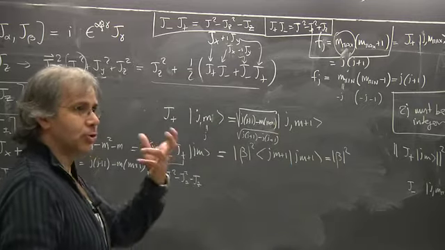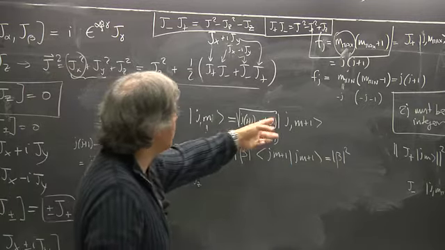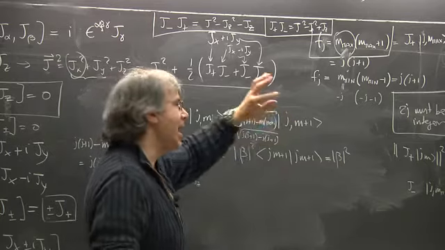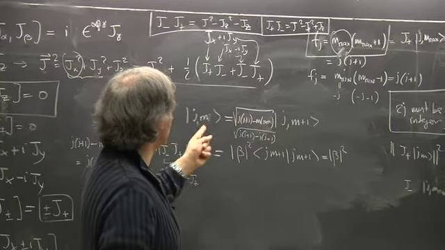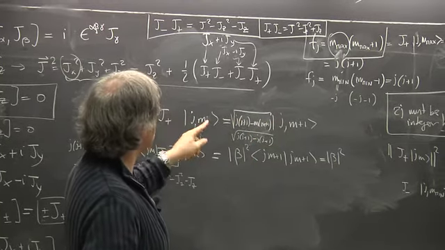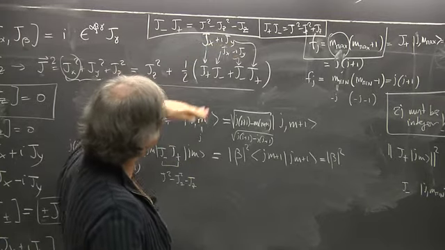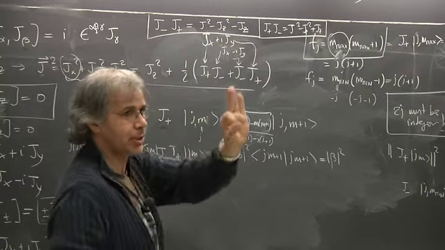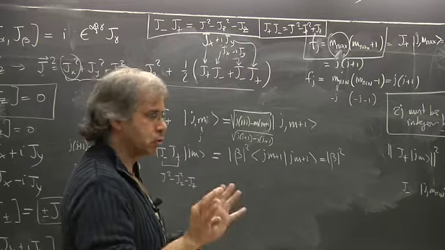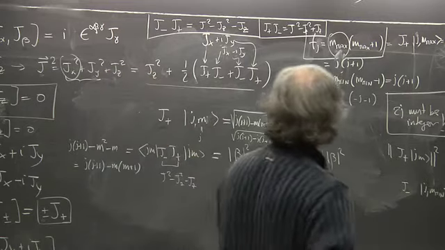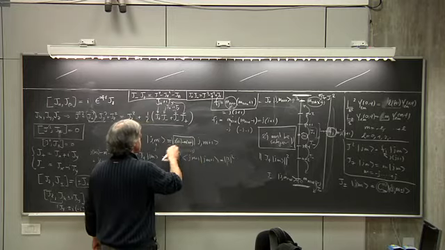So the square root has two purposes, that of normalizing correctly the thing, and that also of telling you that if you go to the top state of this multiplet and you operate with J plus, you get 0, all right? Which is quite nice, okay?